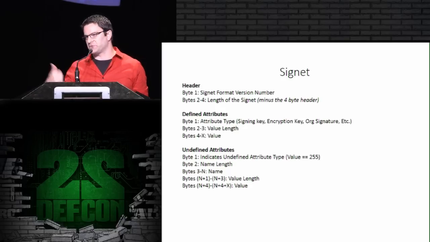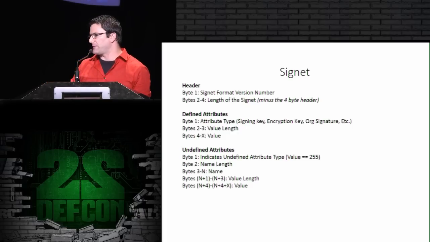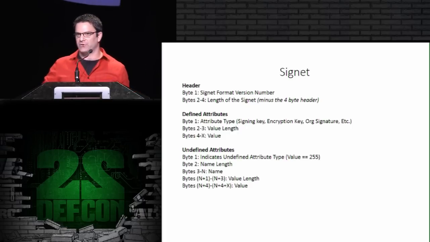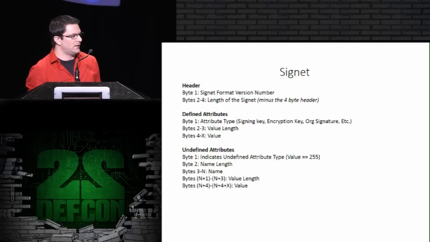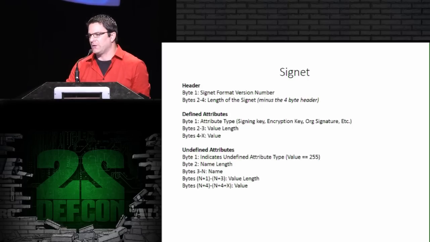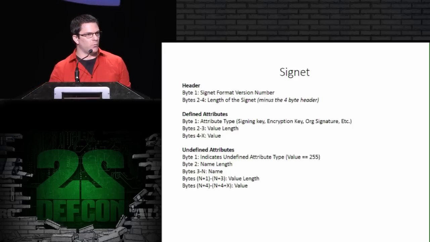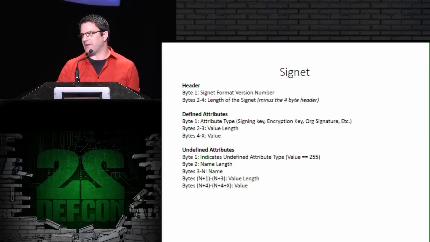We know a few of them: your signing key, your encryption key, your user signature, your org signature, your photo, your name, maybe your website address, your telephone number, your address. But we're not going to be able to think of everything. So we leave open the possibility of creating undefined attributes, where you actually provide the name of the attribute and the value.